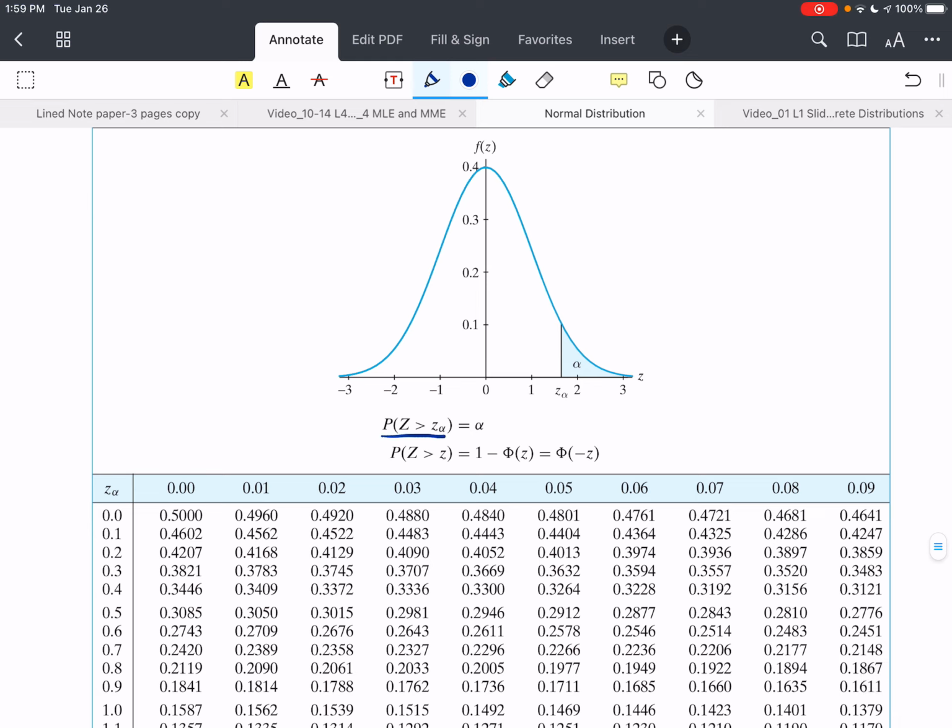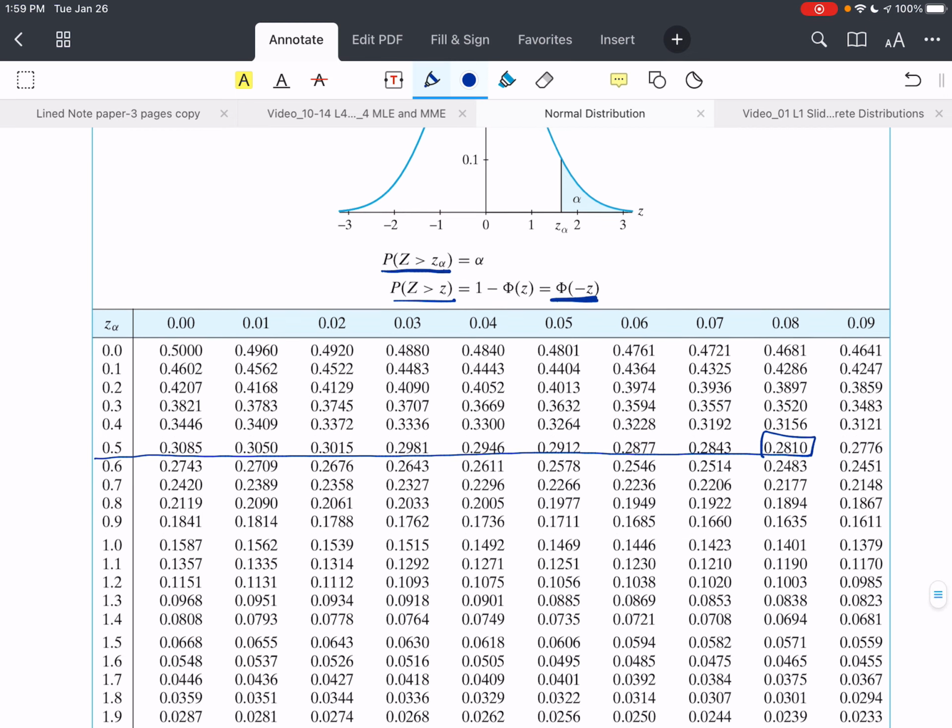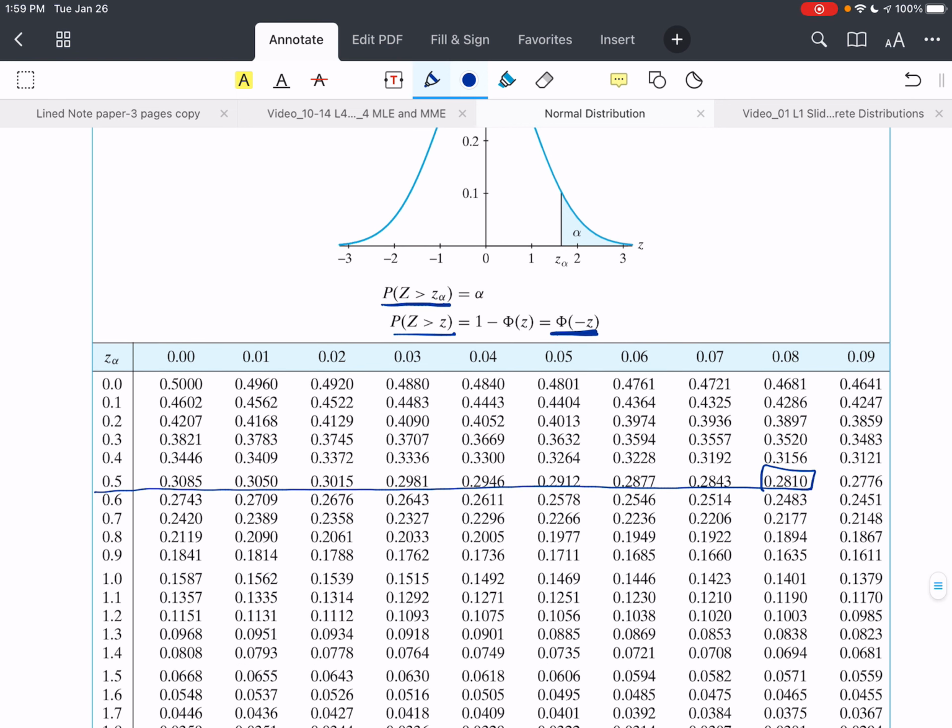This second table has phi of the negative z. So I need phi of negative 0.58. So 0.5, and I come all the way across to the next to last, 0.2810. I also need phi of negative 1.73, so I can come over, and that's 0.0418.